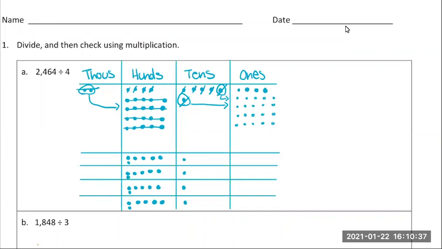So one more time, I have 4 groups of 5 evenly already divided here. So I'm just going to relocate those to my place value chart.